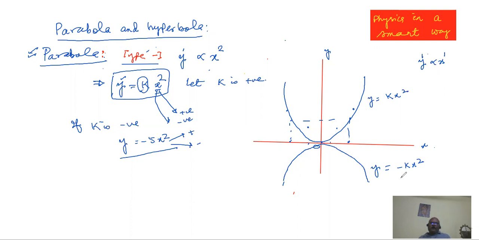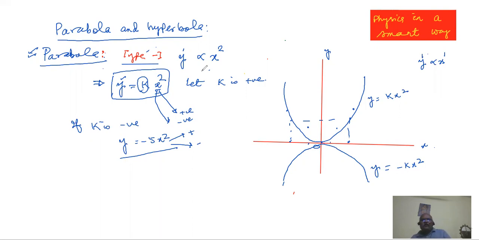That is the type 1 type of parabola, the parabola that you get if y varies with x square, or if y is proportional to x square, or you may say y equal to plus or minus kx square. If it is plus, then the parabola will have positive y values. If it is minus, we'll have all the y values negative, and that will be inverted.